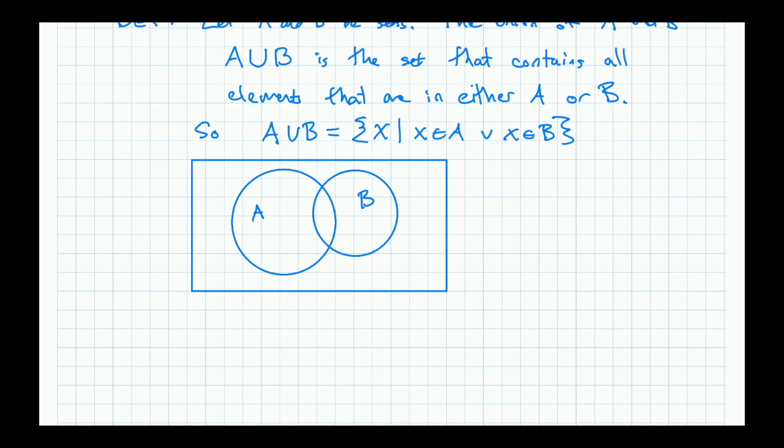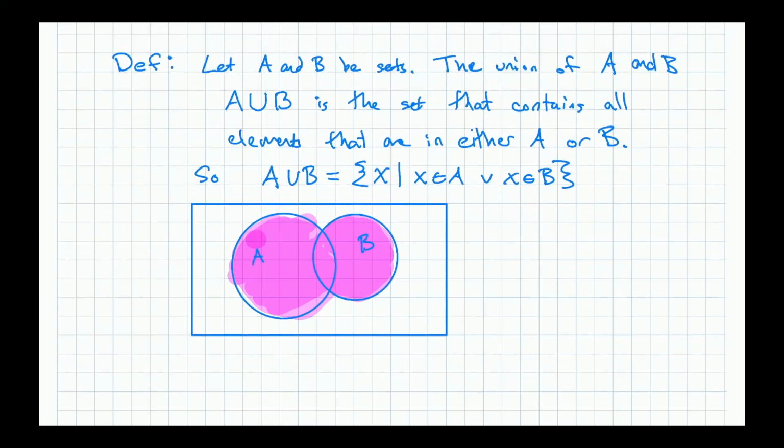Well, it's just going to be the area inside of both of those circles together, so like all of this. I'm not going to color that in nicely, so sorry. I need to stop. Okay, I'm stopping. So that's the area that we're talking about: everything in A and everything in B together combined.